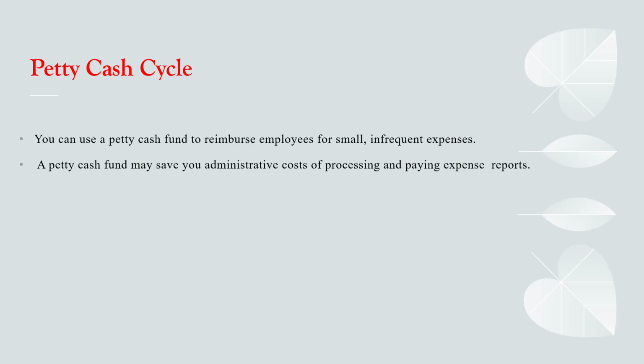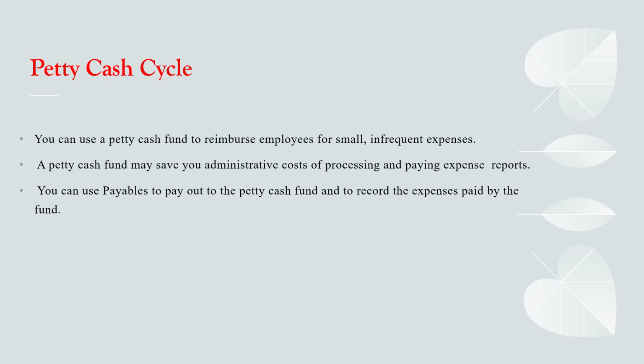A petty cash fund may also save your administrative costs of processing big expense reports, because as I told you, employees take some money, bring back some expenses, and close the prepayment invoices with these expense invoices.